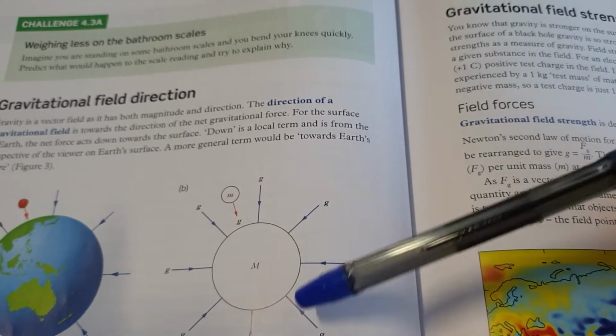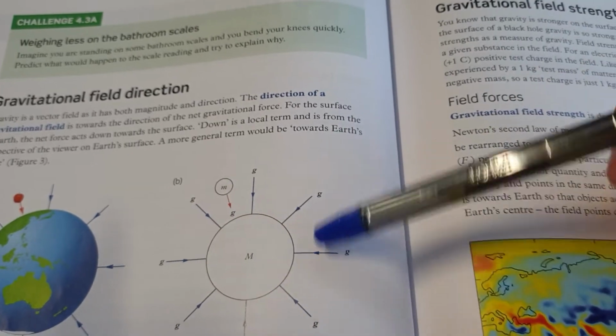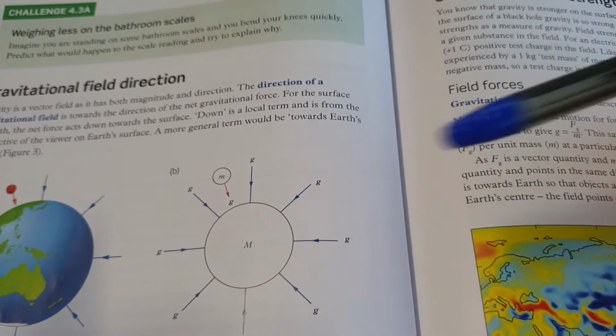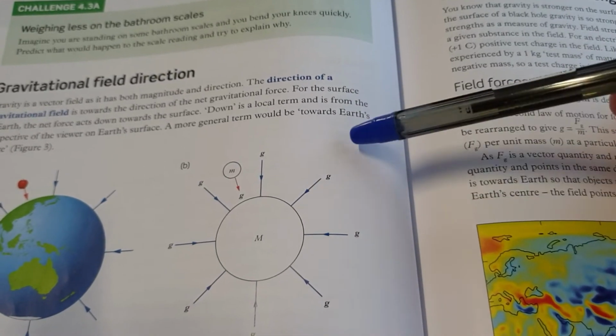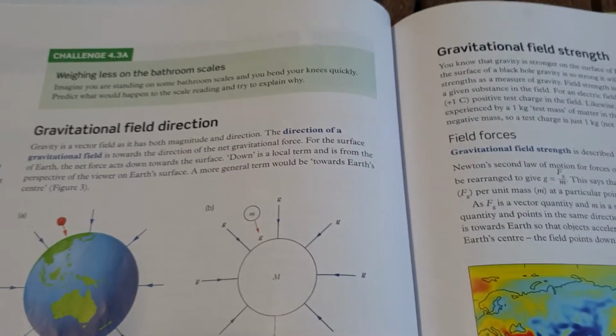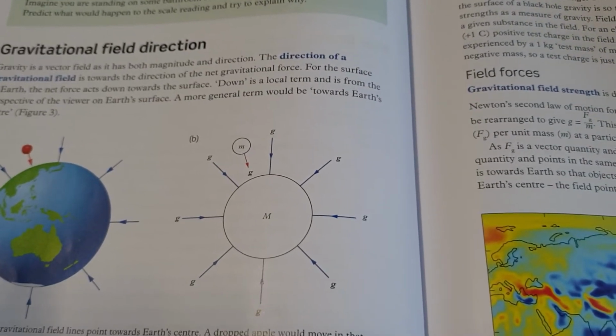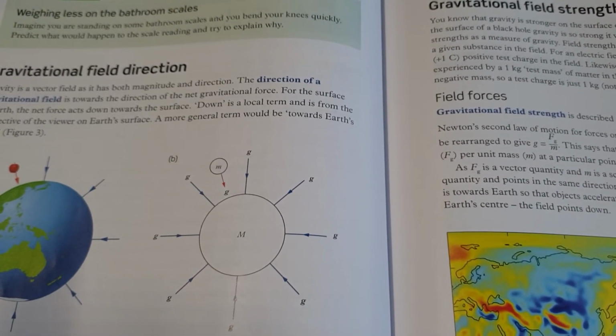They radiate out equally. The field lines never cross, and electric fields are the same. Magnetic fields, any field, the lines never cross. So it's headed in towards the centre of the more massive object.